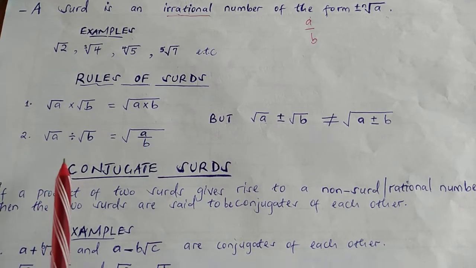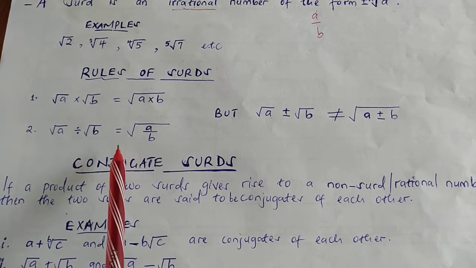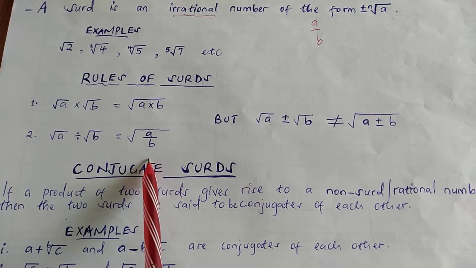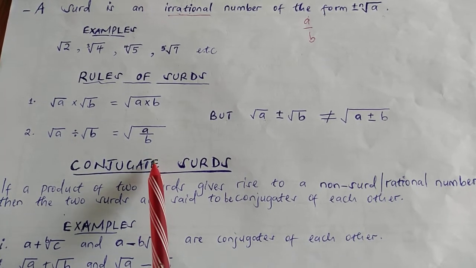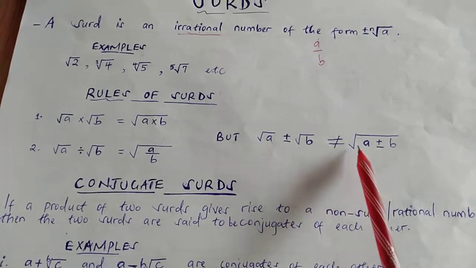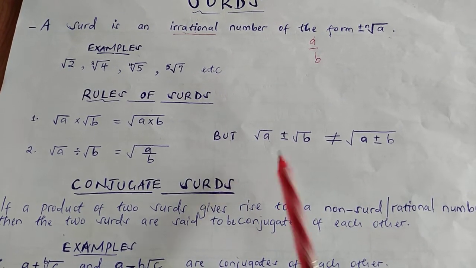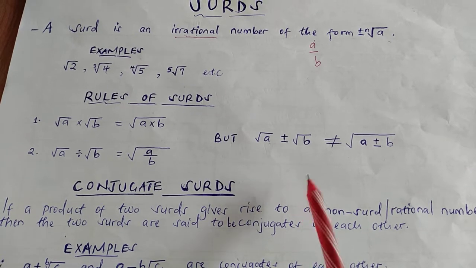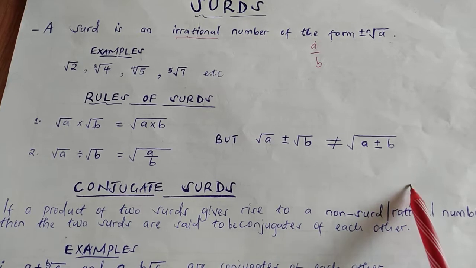In the same sense, root a divided by root b is equivalent to the root of a divided by b. But remember that root a plus or minus root b is not equal to the root of a plus or minus b.